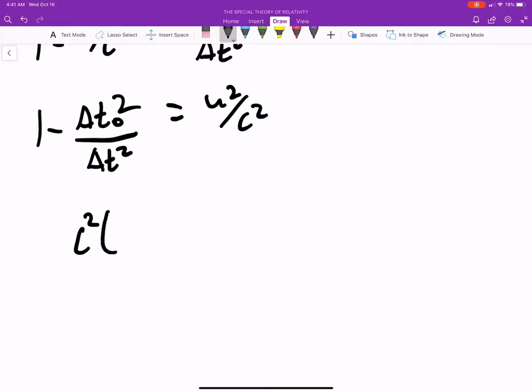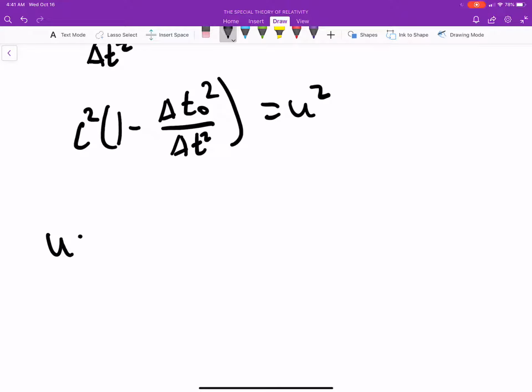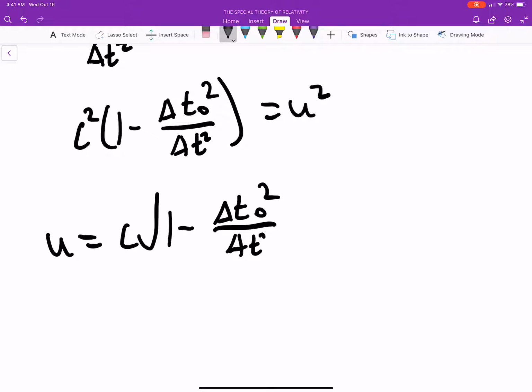C squared times 1 minus delta T naught squared over delta T squared is equal to u squared. And speed is c, taking the square root of c squared is just c, times the square root of 1 minus delta T naught squared over delta T squared.